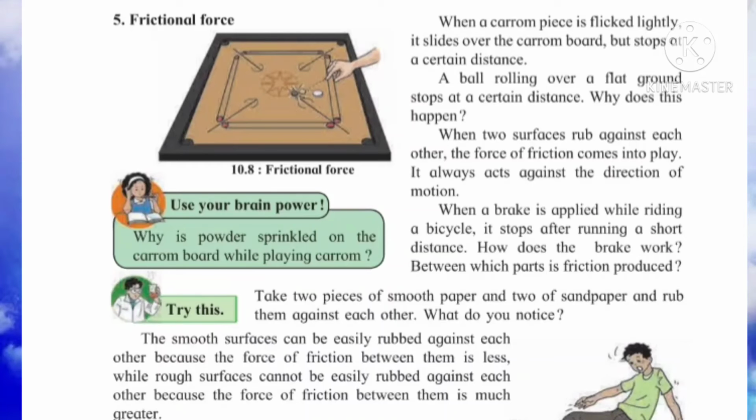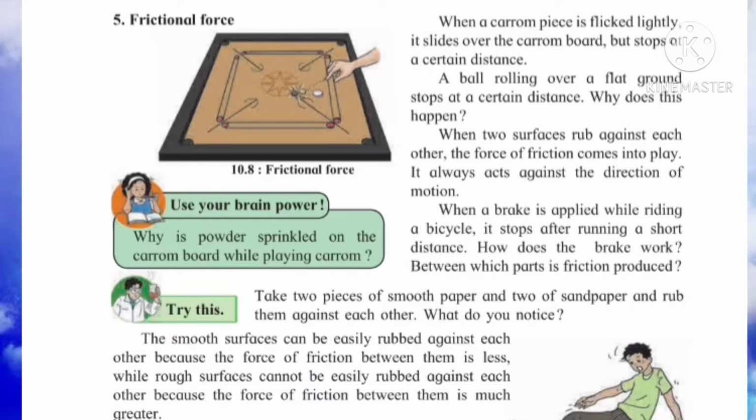Okay, now when a brake is applied while riding a bicycle, yes, everyone rides a bicycle. So when you are riding a bicycle and you apply the brake, what will happen? The tire has the frictional force. See where the frictional force is: between the tire and the land.